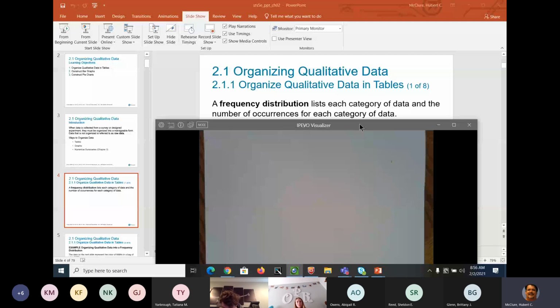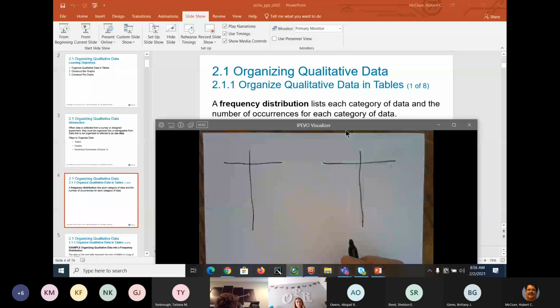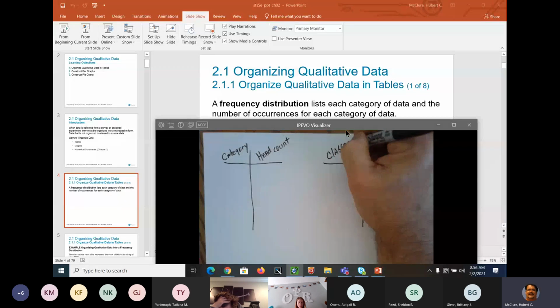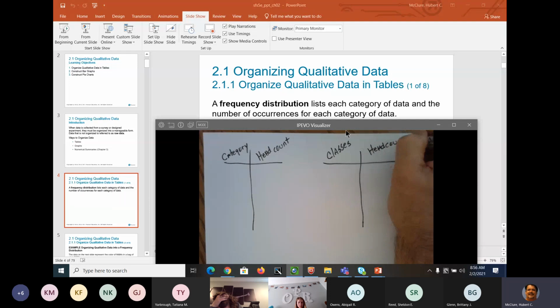Here are two frequency distributions, and I'm drawing two for a reason. On this side, we're going to say category and head count. And over here, we're going to do classes and head count. Your table is going to be one of these two.